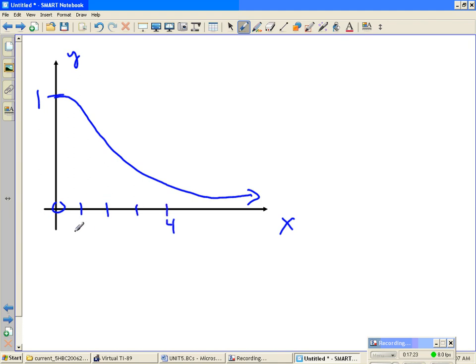Now, how are you going to do 2 equally spaced trapezoids? Well, I'll draw a height here, and then the height here.